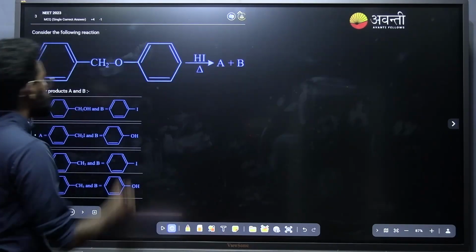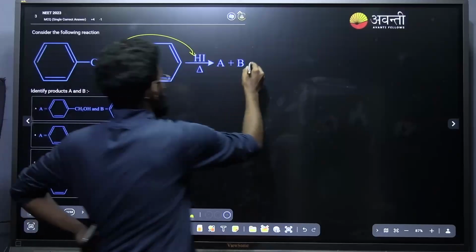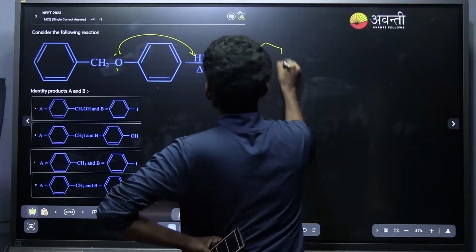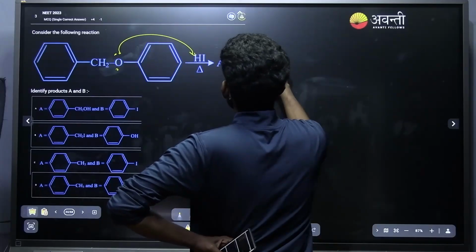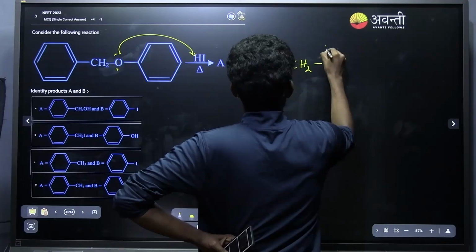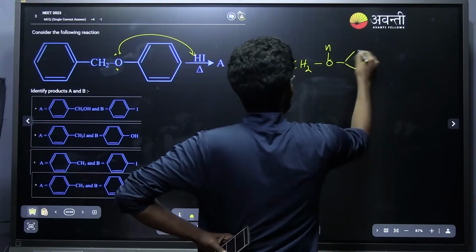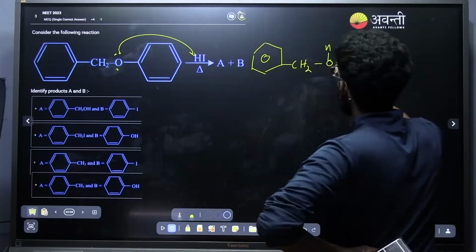The first step is that the oxygen will be attacking the hydrogen. What will I be getting here? CH2 OH, with the positive charge.